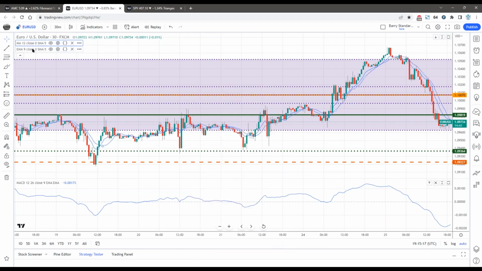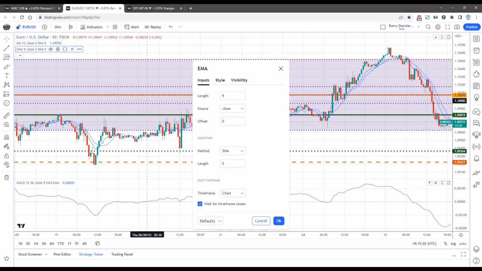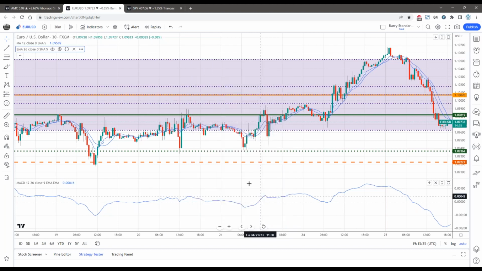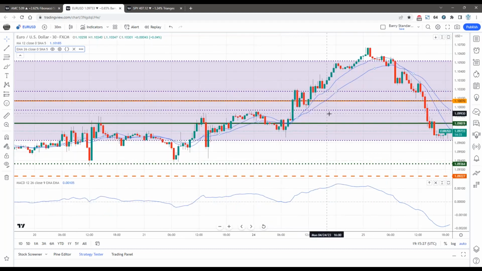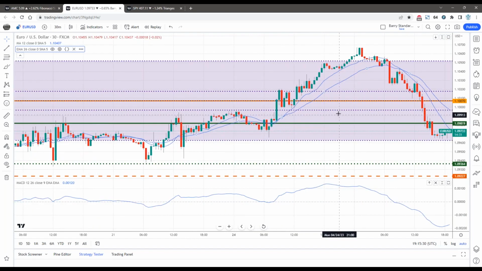We have on our charts the 12-period moving average and the 26-period moving average. That's the two blue lines up above, right on the price chart.